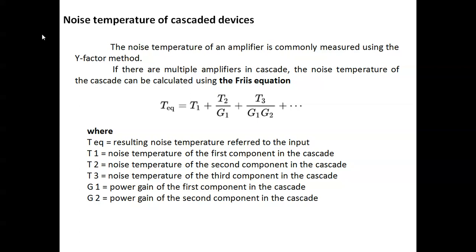Why T4? Because there are four components. If there were five, it would be T5. We can write the equation like that. If it is six components, it starts at T1 and ends with T6, and the gains end with G5. Okay, so this is the noise temperature of cascade devices. Okay, thank you.